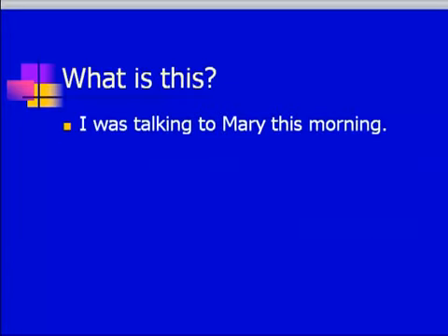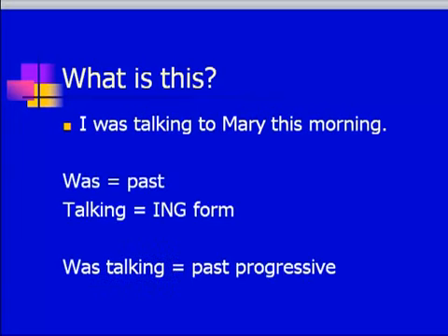Okay, let's try a few. So what's this? What forms of the verbs have we got here? I was talking to Mary this morning. Well, was is the past tense of to be. So it's past, and talking is the ing form, and of course together they express the past progressive.